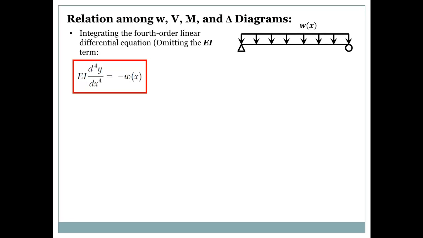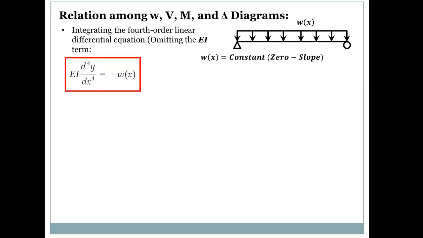I'm going to use the same concept here for this uniformly distributed load. The load is a constant, a number, so it has a 0 slope. W of x in this case will equal probably 2 kips per foot or 10 kilonewtons per meter.